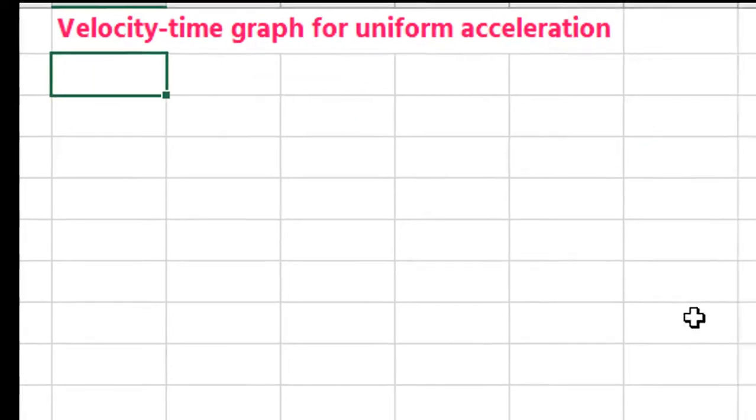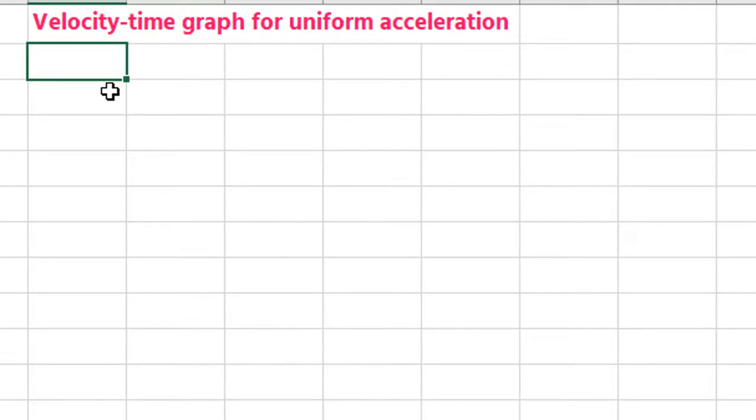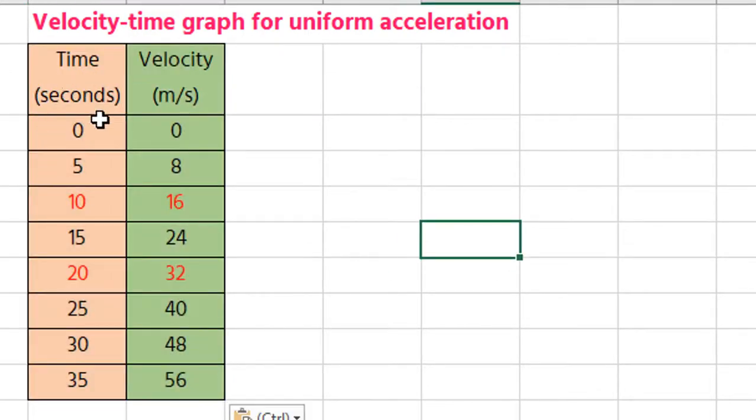See here, take some quantities given, where the velocity changes with time. Take this table. In this table, the train starts from velocity 0 and the final velocity of that train is 56 meter per second, and the time is given as 0, 5, 10, 15, 20, 25, 30 and 35.